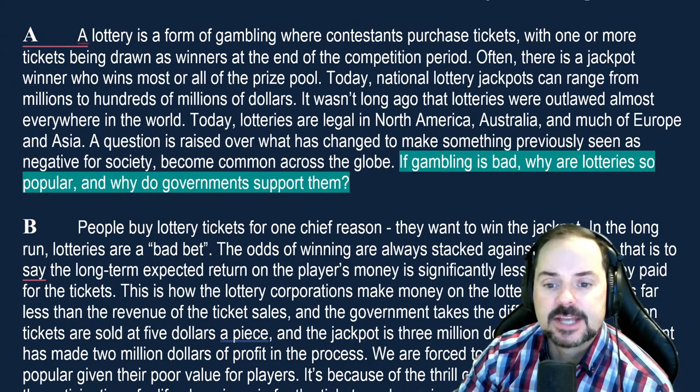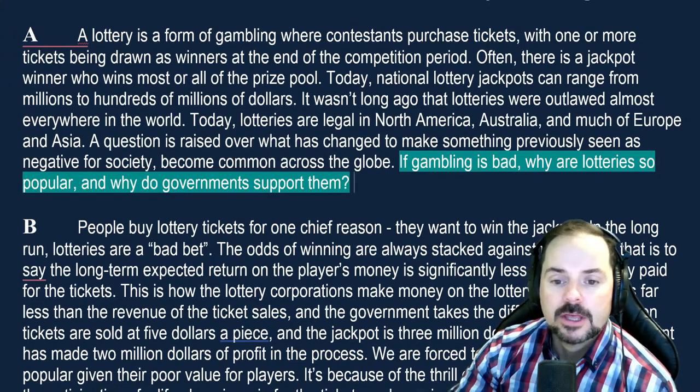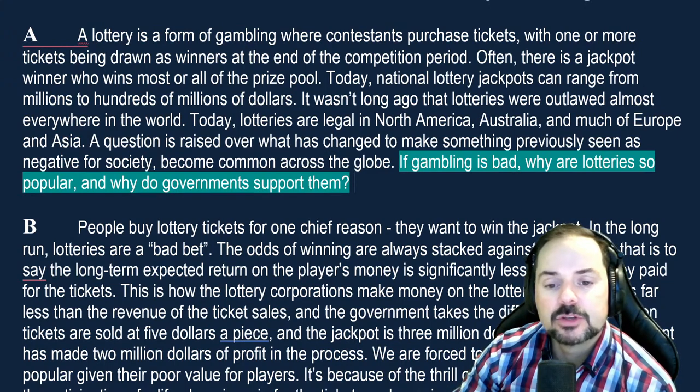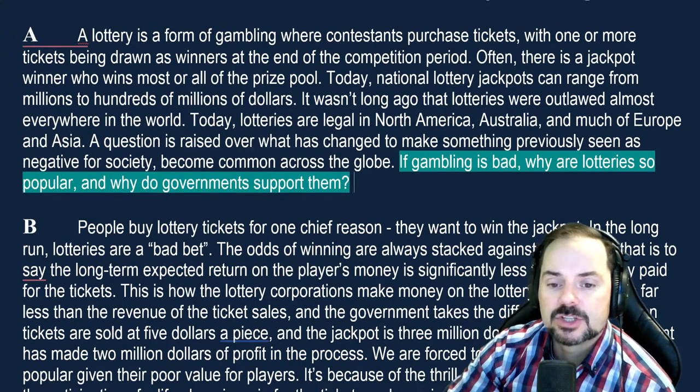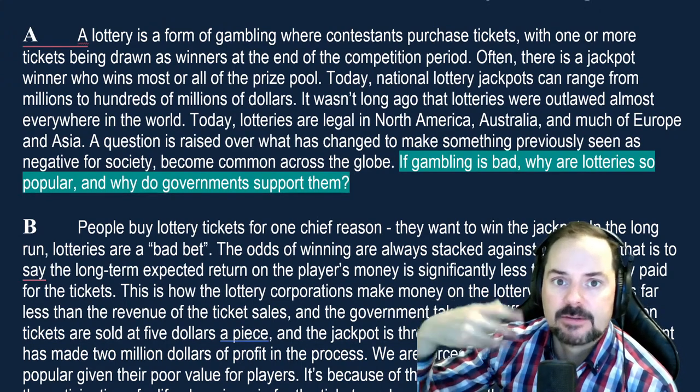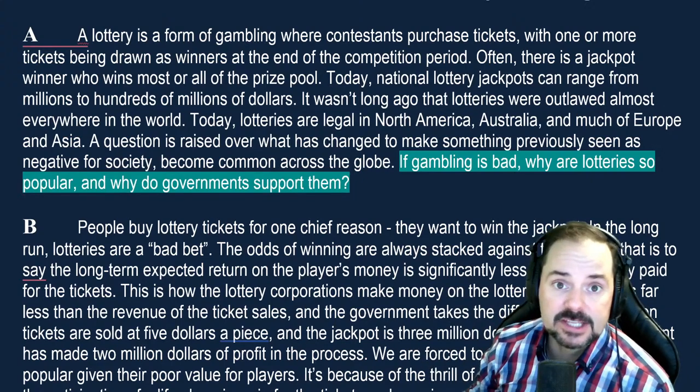So by this sentence, we know that the author is going to focus on answering this question. The reason they're using a question for the thesis is because in some rare situations, the author wants the reader to have their own opinion or their own view. And in this case, that's happening.